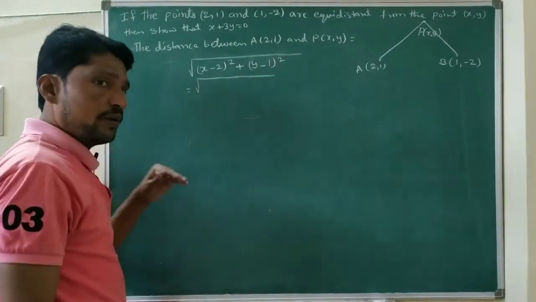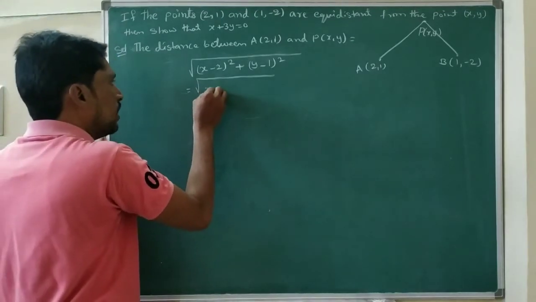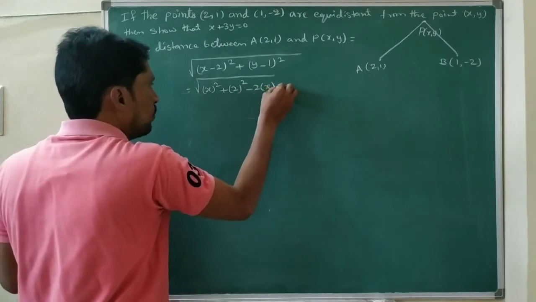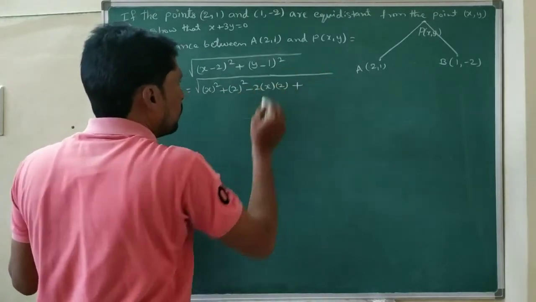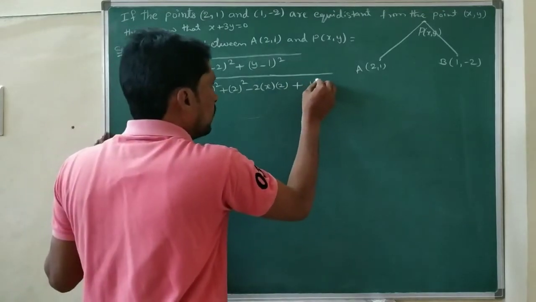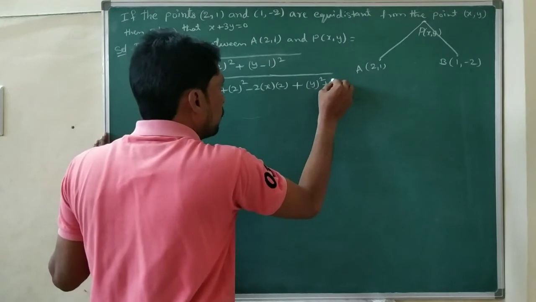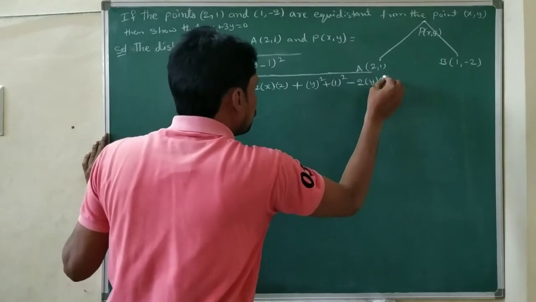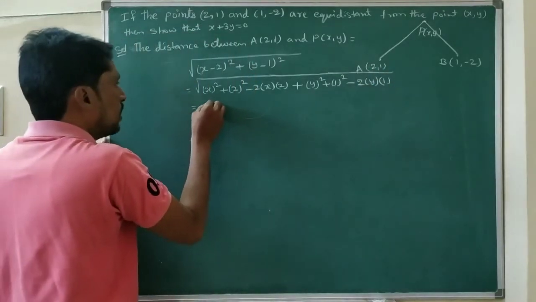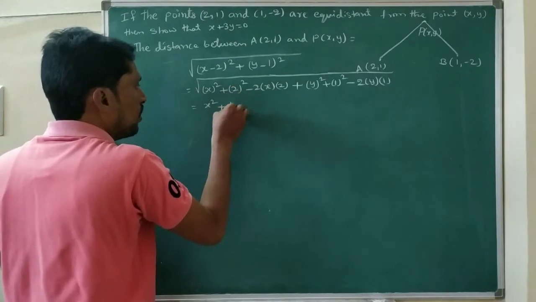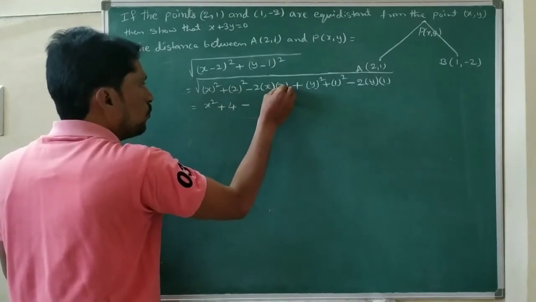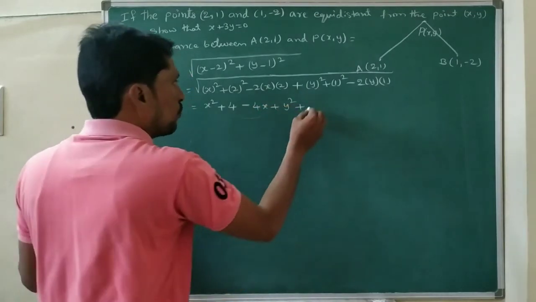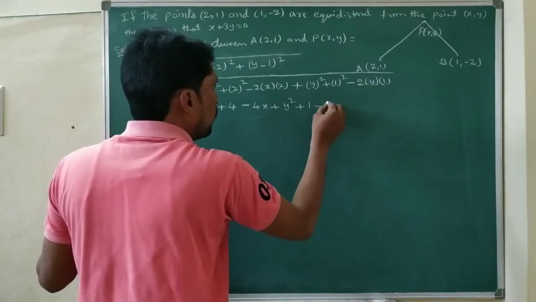It is of the form (a minus b) whole square, so you can expand it as a square plus b square minus 2ab, where a is x and b is 2. The same process applies to the next term: y square plus 1 square minus 2 into y into 1. So we get x square plus 4 minus 4x, plus y square plus 1 minus 2y, under root.